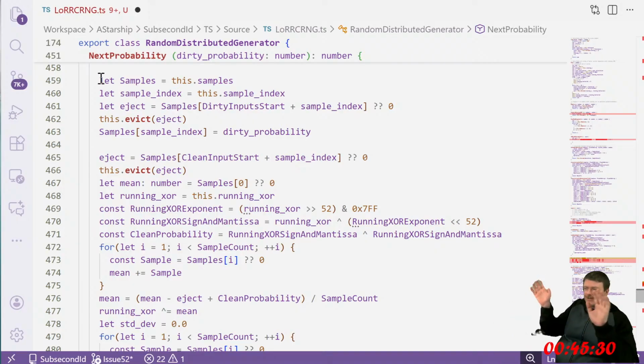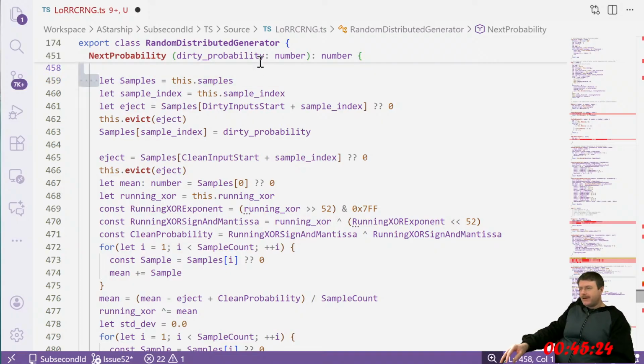Notice I did the hand waving. You're like, what are you talking about? 51, what does that mean? It's IEEE 754, the way they do the floating point. So all the exponents of 52 and greater are just integer values in the mantissa.